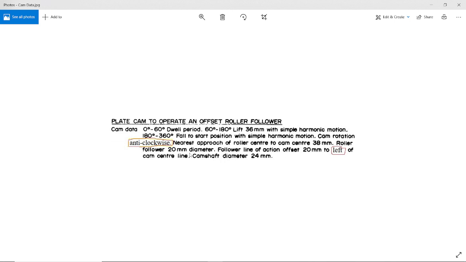The roller follower is this part, and the nearest approach of the roller center is what we call the thickness circle, or the thickness of the cam itself. Remember, from a previous video, we have the circle diameter, the thickness diameter, then the extension, which shows the lift or the fall of the cam data.